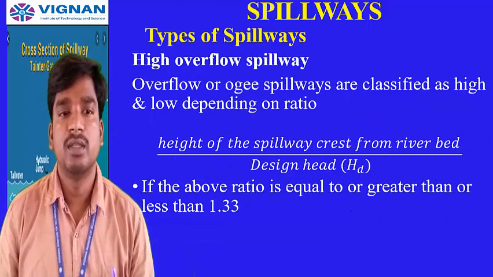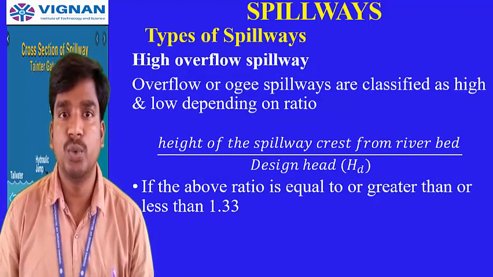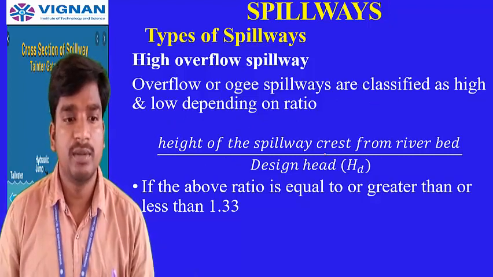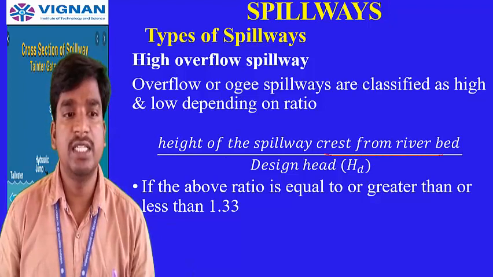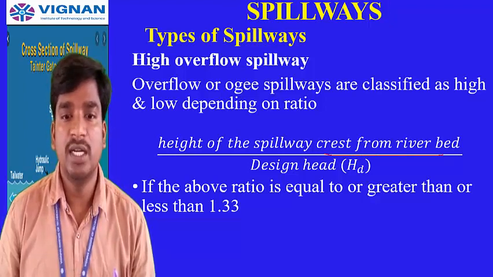Now here, the ogee spillway is categorized into two types depending on a ratio, that is, the height of the spillway crest from the riverbed to the design head.